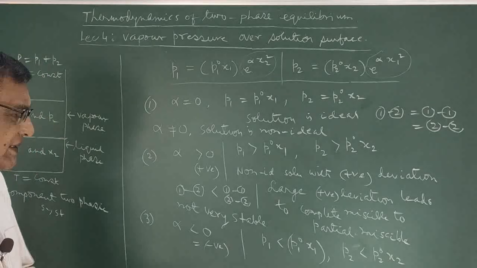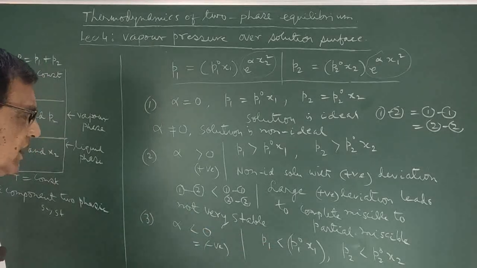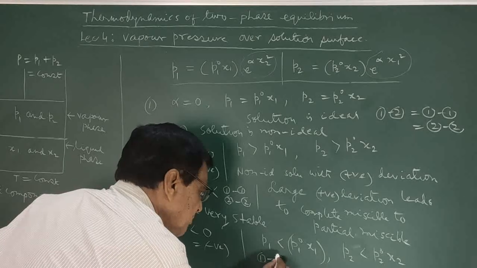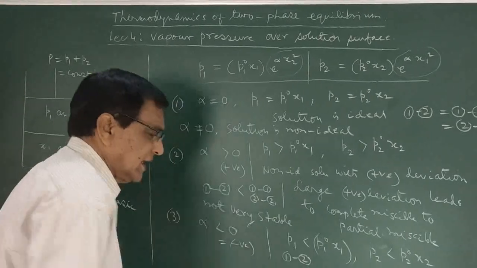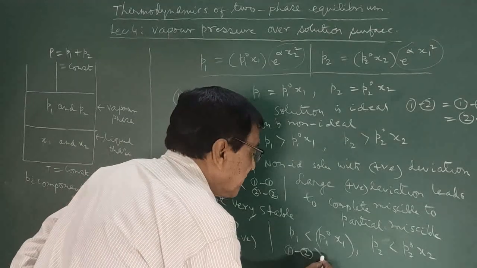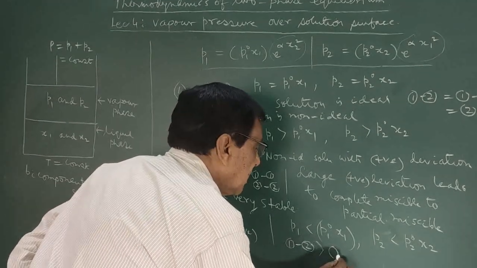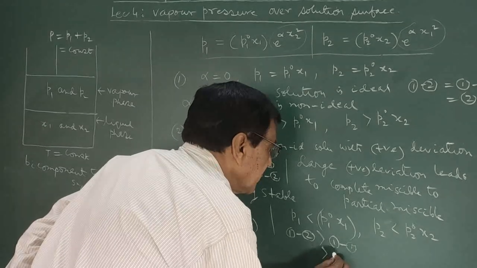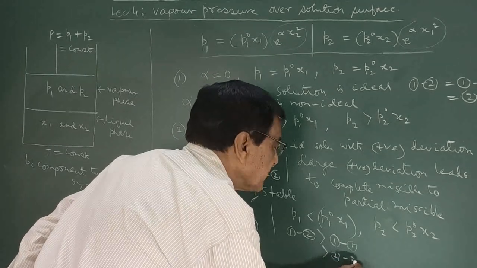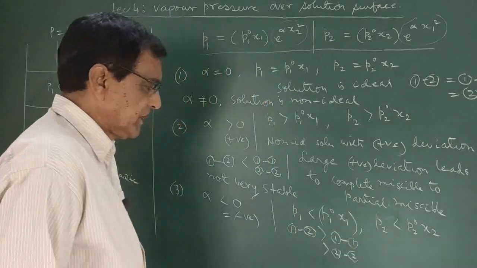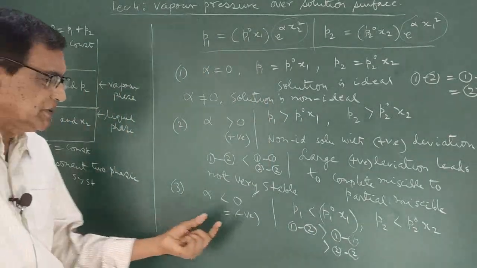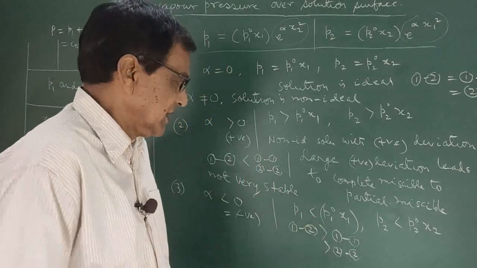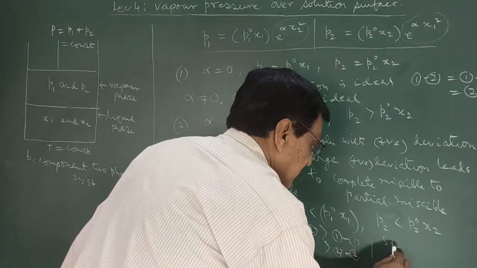This will occur only when the intermolecular attractions between the two unlike molecules are much greater than those between like molecules. Whenever the intermolecular attractions between unlike molecules are very high, the solution is stable.